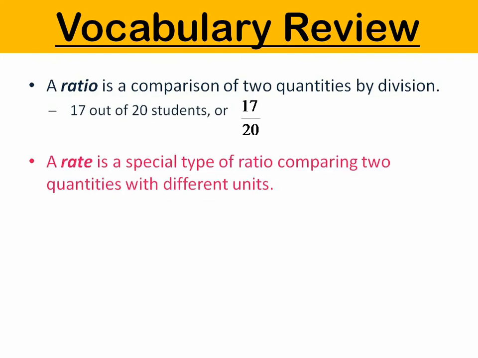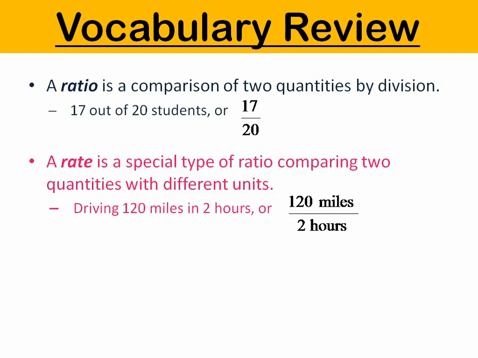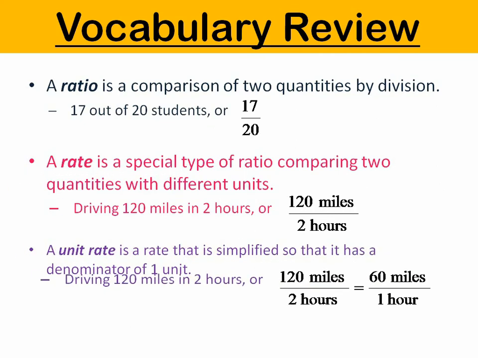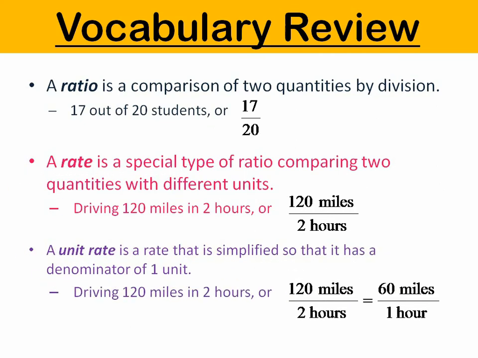And when we say that this is a rate, it is a special type comparing two different units, which you can say miles and hours, 120 miles in 2 hours, so which we can say miles per hour. And when we say that this is a unit rate, unit rate basically means miles per hour. In 1 hour, how much distance does the car cover? So 60 miles per hour, 120 miles in 2 hours. This is not a per unit quantity, this is the per unit quantity.